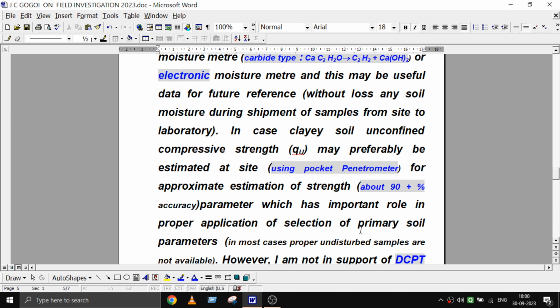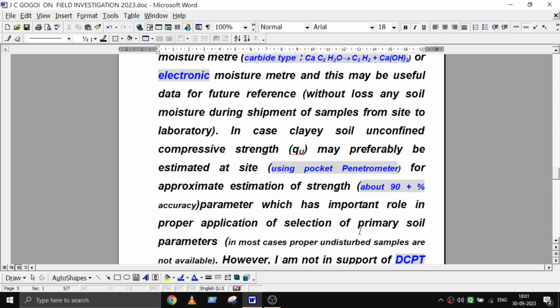Another problem is that in most cases we may not get a good core for conducting tests. You see, how much specimen do we require?